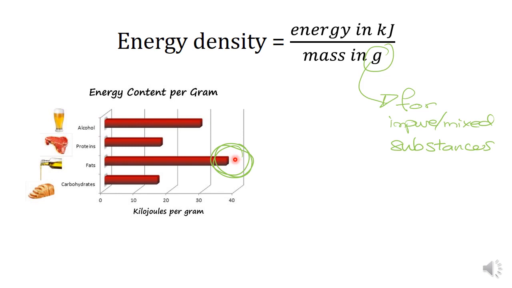You just need to know that fats are by far the highest energy density of the main foodstuffs we eat. Because you are doing a high school exam, they probably won't ask you about alcohol, but they will expect you to have this idea that fats have the highest energy density, the others are lower.